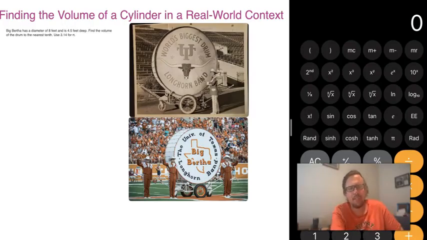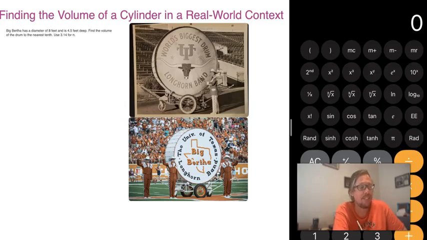If you've ever been to a University of Texas football game in Austin, you have witnessed Big Bertha. It's actually, I think it's Big Bertha 2 now. They've upgraded it. One of the world's largest bass drums. Why did they make one of the world's largest bass drums? Because they could.